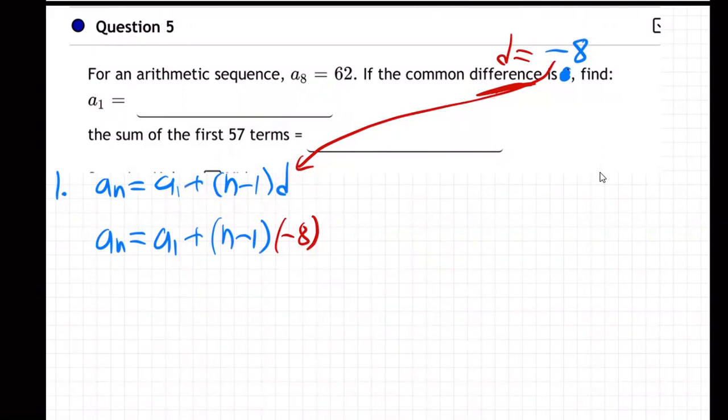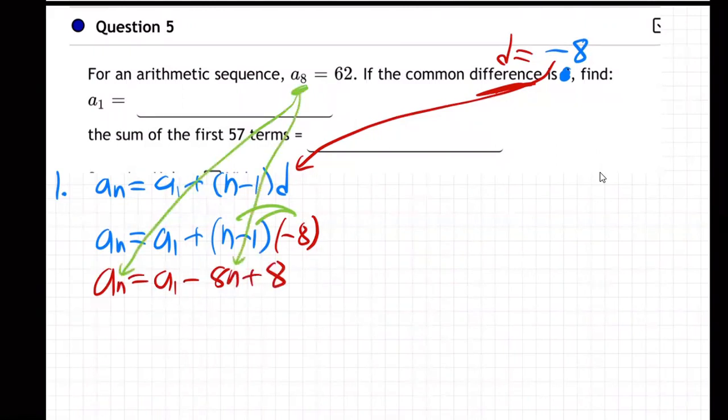So now what am I going to do from there? Let me distribute this. So I get an is a1 minus 8n plus 8. And then they're telling me right here that if you plug in 8 for n, you'll get 62.